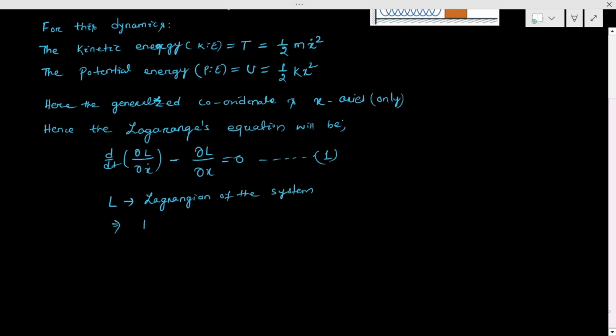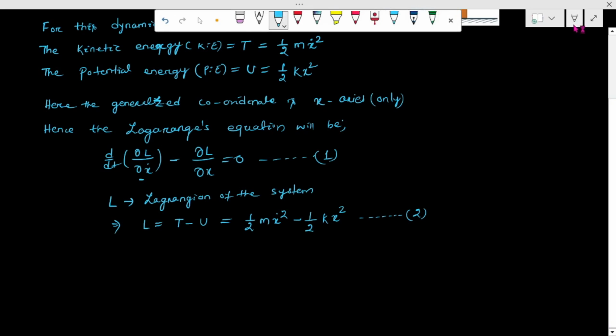That implies L is equal to T minus U, which is equal to half m x dot square minus half k x square. Let this be equation number 2. Now to find the Lagrange equation, first we have to determine del L by del x dot and del L by del x.